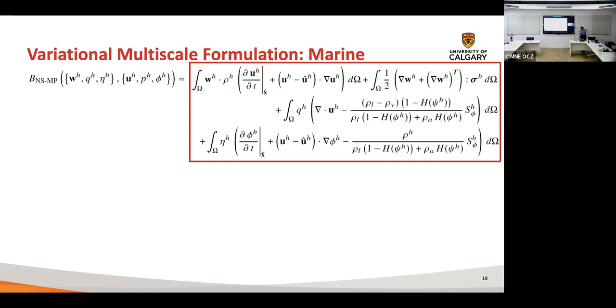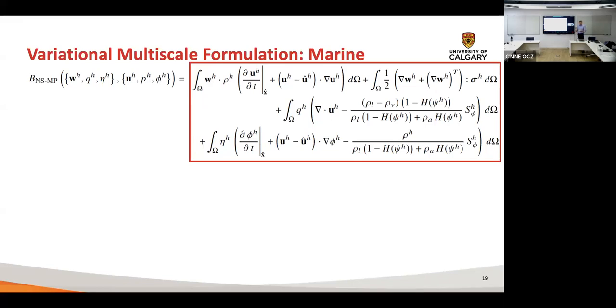Now you start getting an additional term that is nothing but the interaction between the large scale and small scale, like u prime, u, and then the interaction between the small scale and small scale, u prime. If you are familiar with classical turbulence modeling, that's your cross stress and Reynolds stress. That's why we say that VMS is a turbulence model.